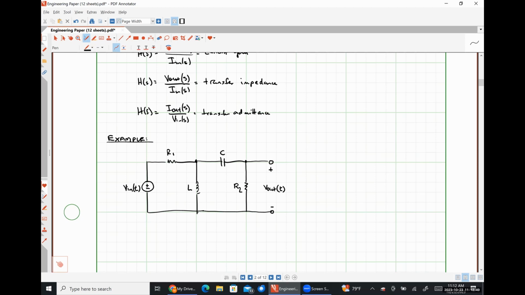So this is what our circuit looks like in the time domain.